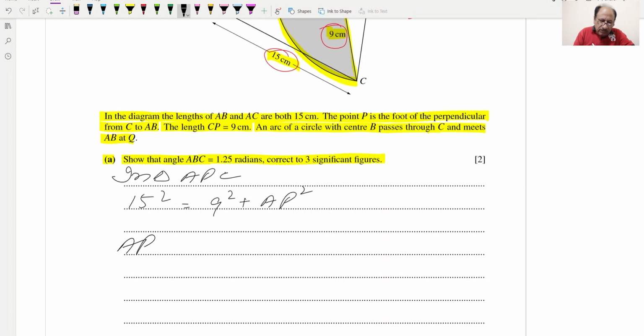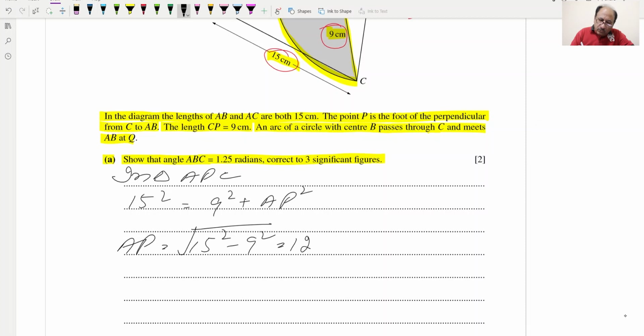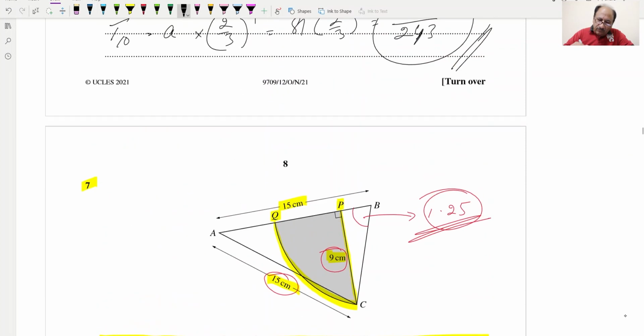So AP will be equal to the square root of 15 squared minus 9 squared, which is equal to 12. So we got the AP length, from this point to this point, as 12.